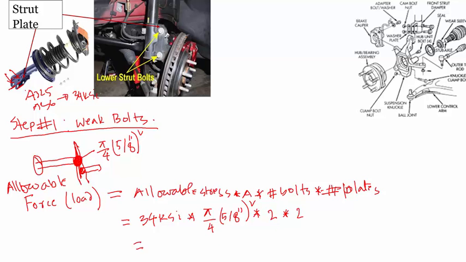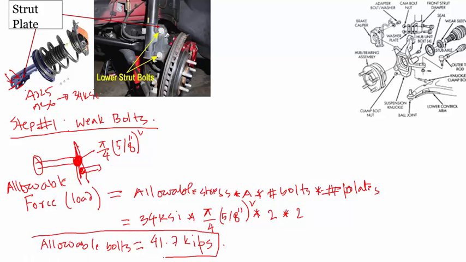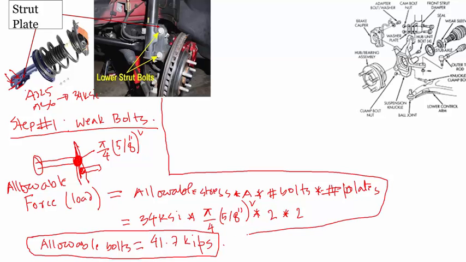I have calculated this: 41.7 thousand pounds allowable for the bolt. This is the allowable load for these bolts, the maximum these bolts can take. In the end we're going to see all of these allowable maximums and then find out how much maximum this connection can take.